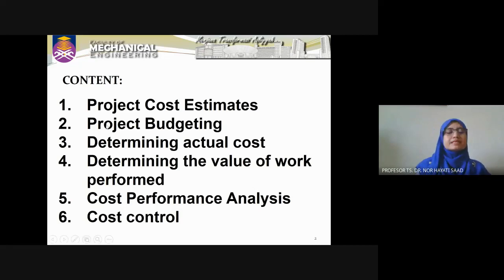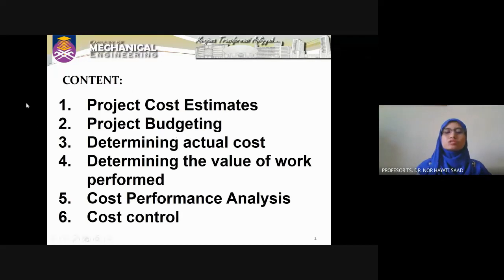And project budgeting, the second one, is more on how we formalize the cost baseline, the project cost budget. That will be the cost baseline, on paper, where we log it, so that we will manage the cost and the operations, and control based on this project budget, or what we call the cost baseline.